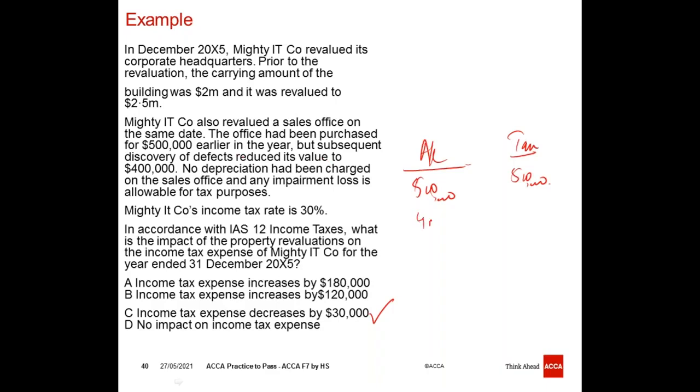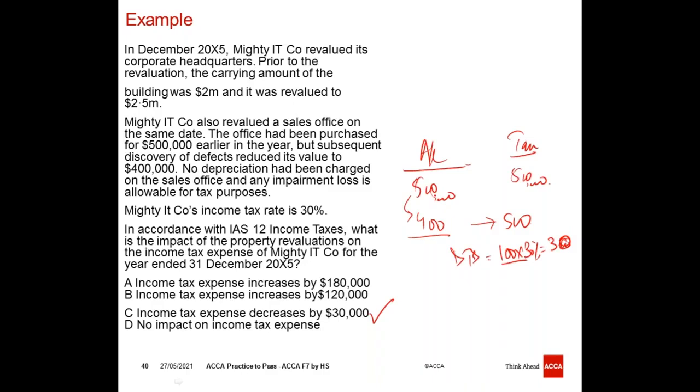So it decreases to 400. When we compare it with the tax base, there is a deductible temporary difference of 100. 100 into 30%, there will be a deferred tax asset of 30.